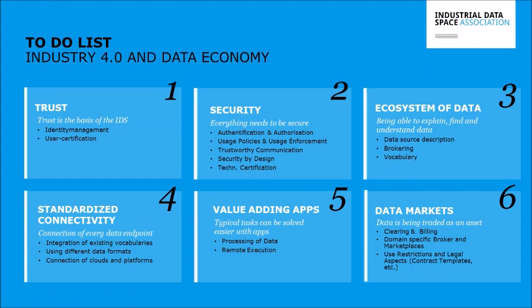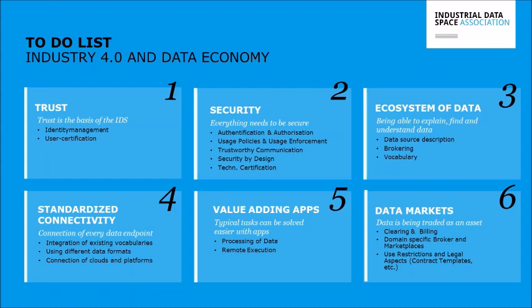The second is you have to ensure security. Everything in these linked data network or business ecosystem must be secure. So you have to face authentication, authorization, usage policies, trustworthy communication, and so on.